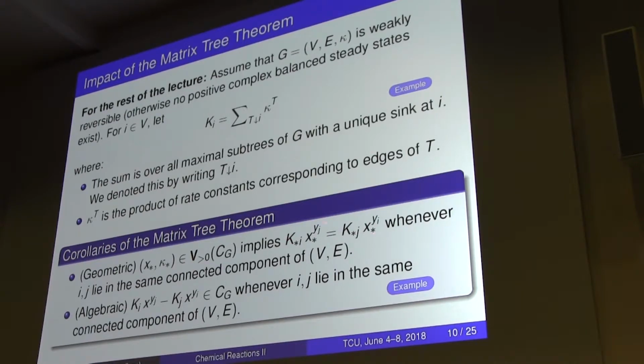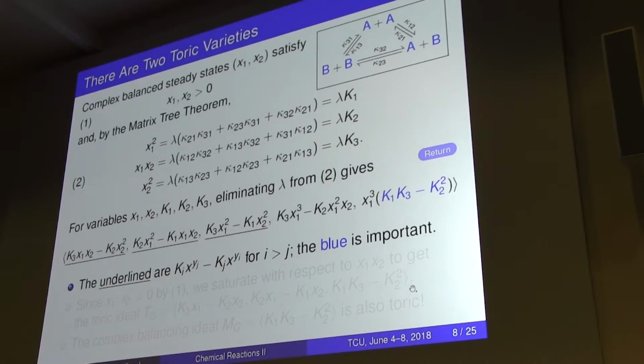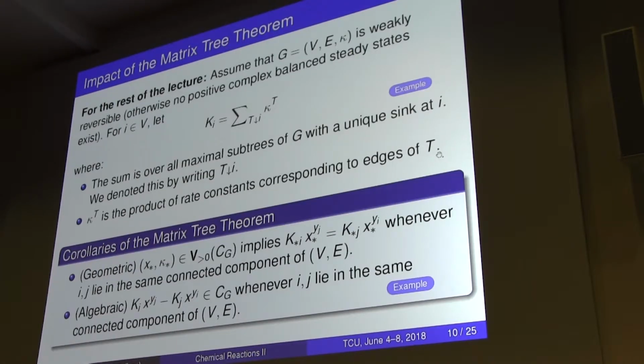Remember, those are the equations that we saw earlier, because those equations were exactly these equations right here. And so those are now showing up as elements of this ideal, and they contribute to the equations I have to satisfy.